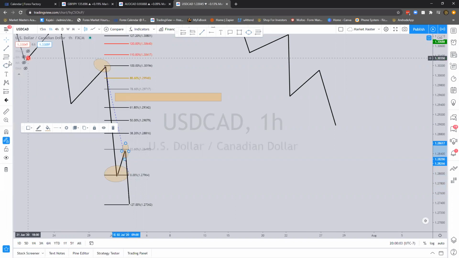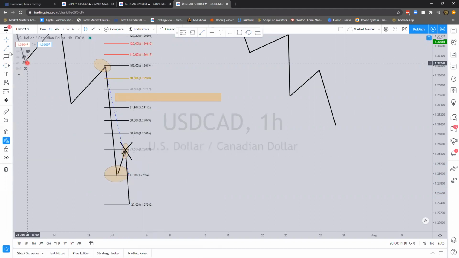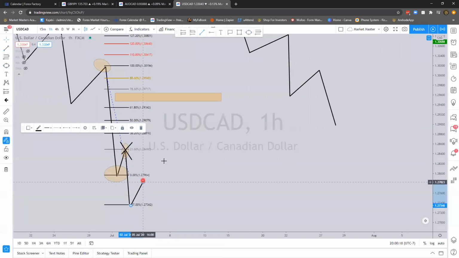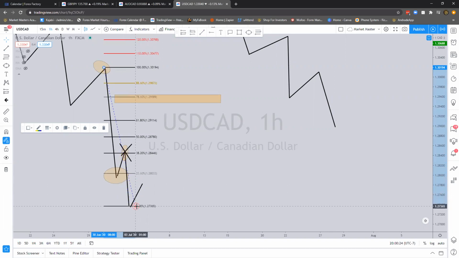So this is not considered a high if it hits 23.6 and then reverses. Once it reverses and goes even lower, I would wait for this to come back up, and I adjust the 0% on the fibs to this low right here, and wait for this to break through the 23.6.